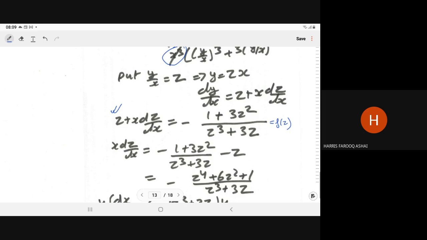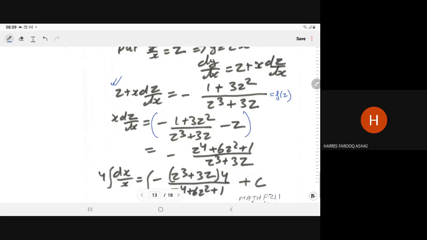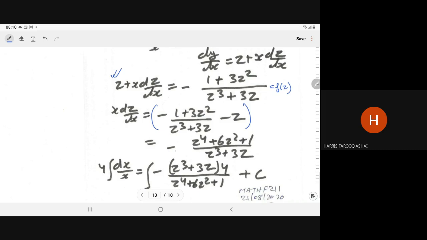So here we have x dz by dx is equal to minus (1 plus 3z square) upon (z cube plus 3z) minus z. So this side is what? A complete function of z. This can be written as minus (z to power 4 plus 6z square plus 1) upon (z cube plus 3z).